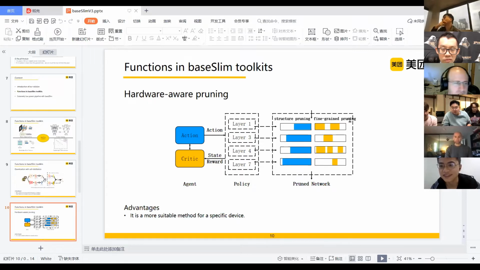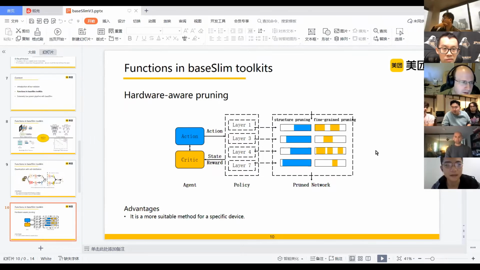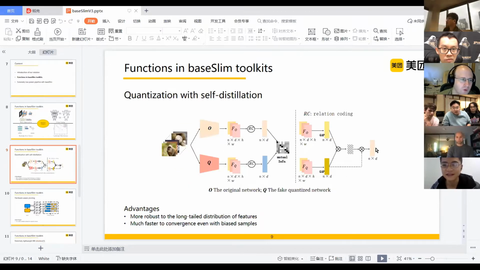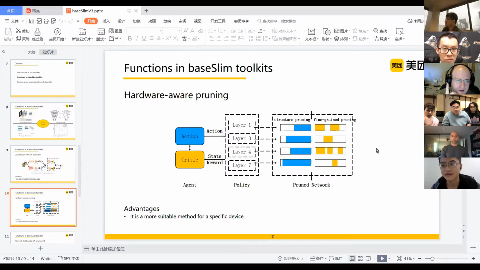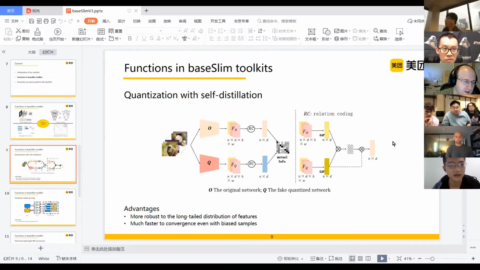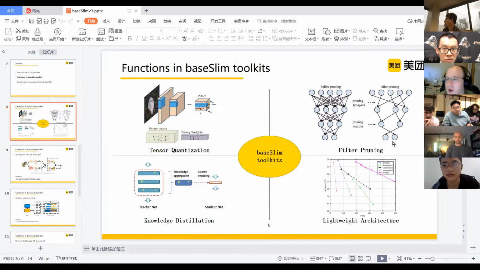Go to slide number 8, where it says functions in baseSlim toolkits. In the pruning section, it shows pruning synapses and pruning neurons. Did you do both of those?